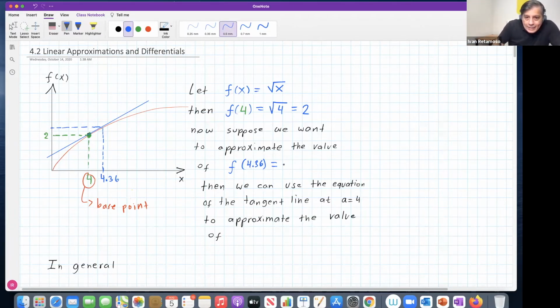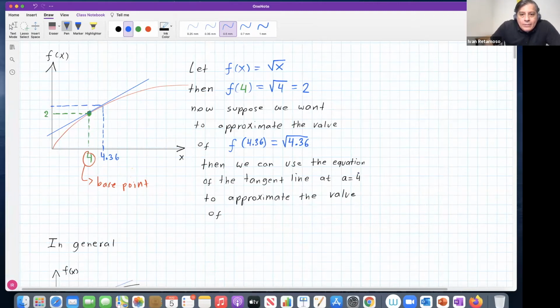So this guy, in reality, should be the square root of 4.36, but we're gonna approximate it using a linearization. Then we can use the equation of the tangent line at a equal 4, where a is the base point 4, to approximate the value of the square root of 4.36.